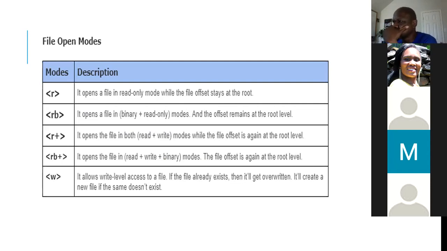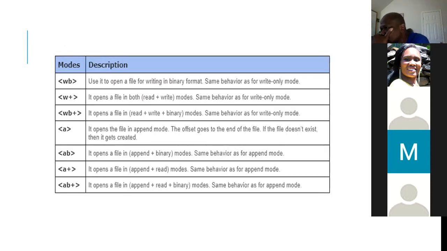So if that file was already there with some content, if you use W, then it will override the content that was originally in that file. We have WB, which is now write in binary, W plus, which is read and write, and WB plus, read, write, binary.